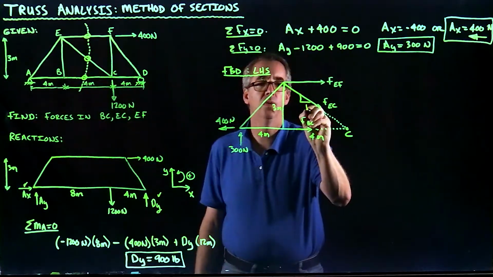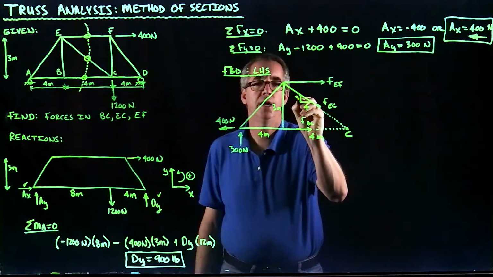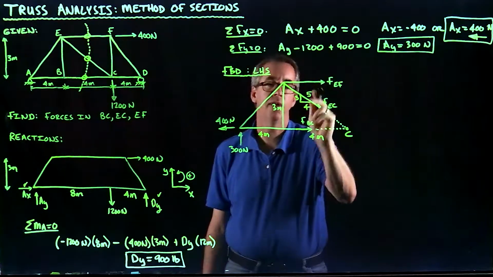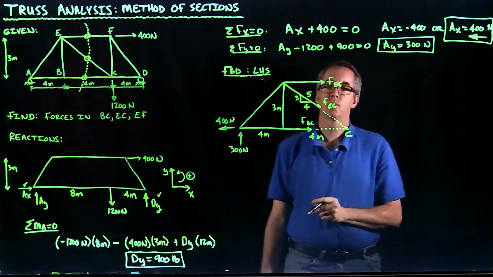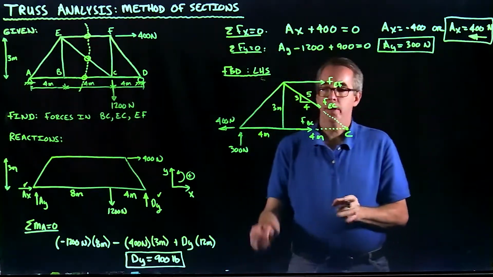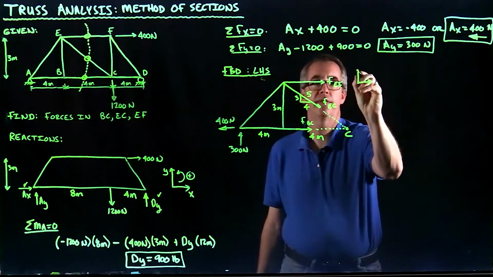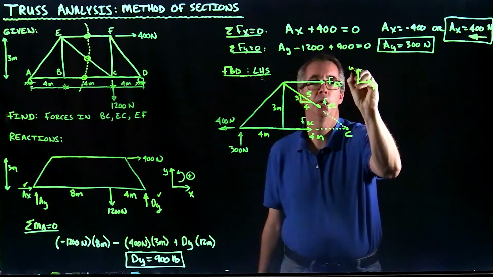Okay, so this is a 4 and a 3. Using Pythagorean theorem, we see that this is a 3, 4, 5 triangle. And I think everything else is good. Again, I'll include my reference axes here just for consistency.